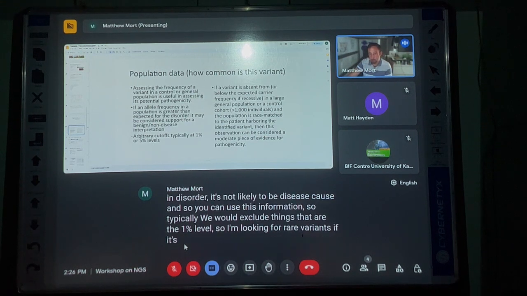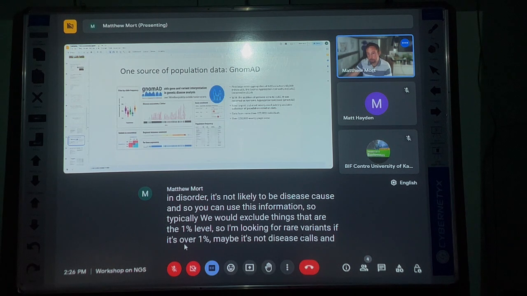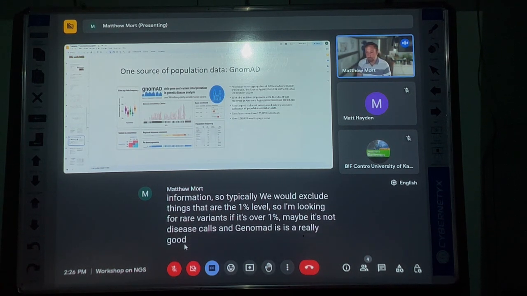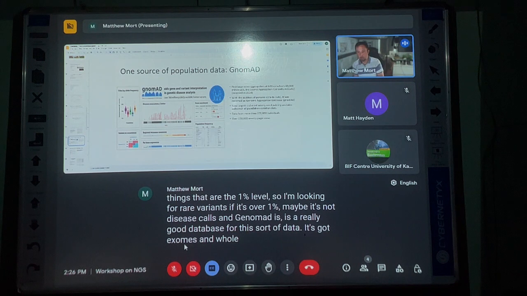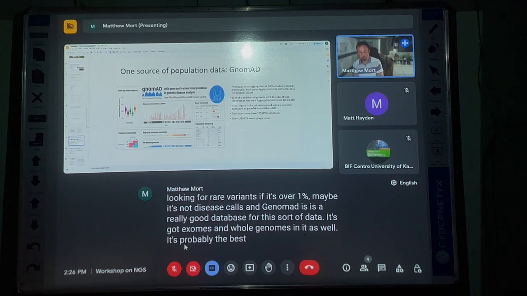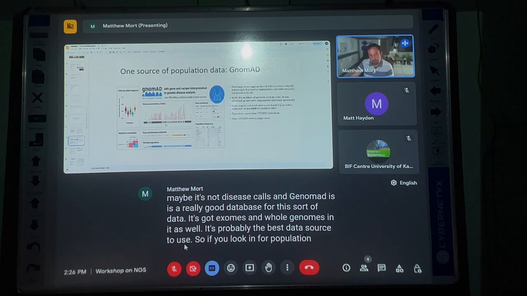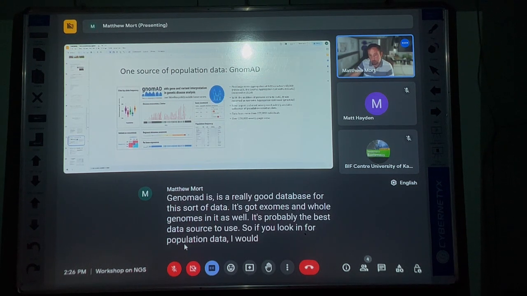If it's over 1%, maybe it's not disease-causing. gnomAD is a really good database for this sort of data. It's got exomes and whole genomes in it as well. It's probably the best data source to use. So if you're looking for population data, I would say head to this database.